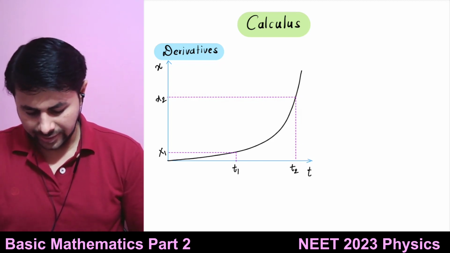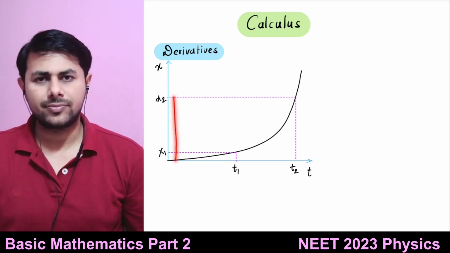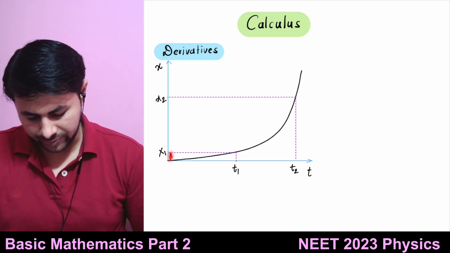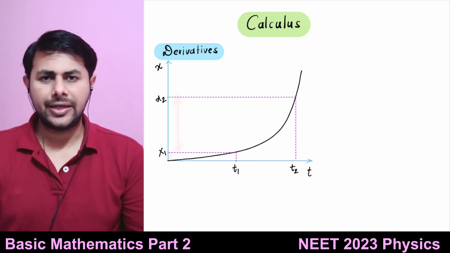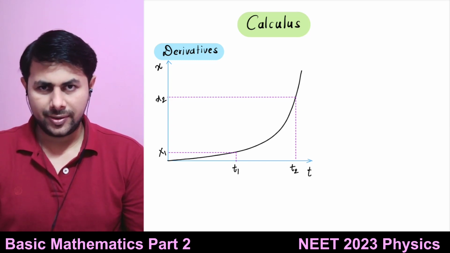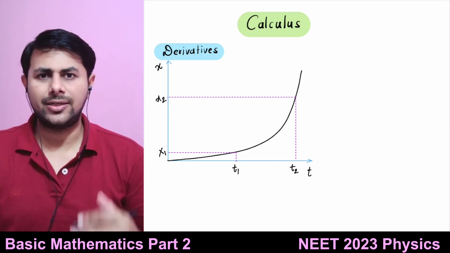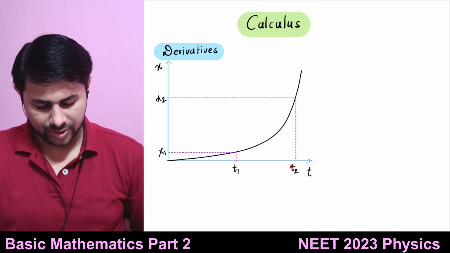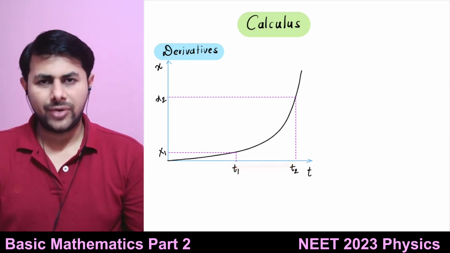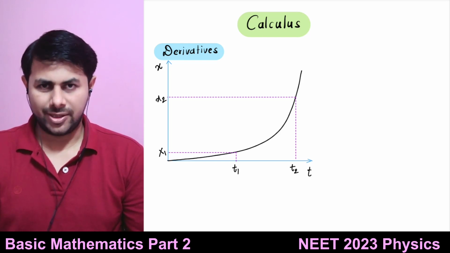So if I take x2 minus x1, how much is x2? This much is x2, and this much is x1. So this distance from here to here is x2 minus x1, right? So if I take x2 minus x1 divided by t2 minus t1, what do I get? I get the speed.